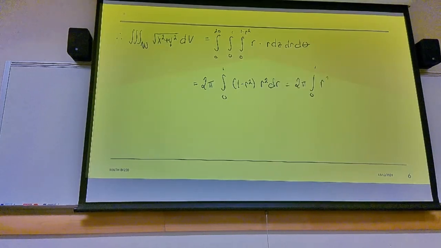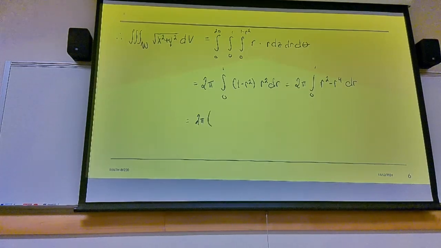That's what we're left with, right? Oh, look how easy that was. If only they were all like that. So again, the hardest part was getting to the setup. Evaluating it was no problem at all. What is that integral? So integrate r squared minus r to the fourth from 0 to 1.